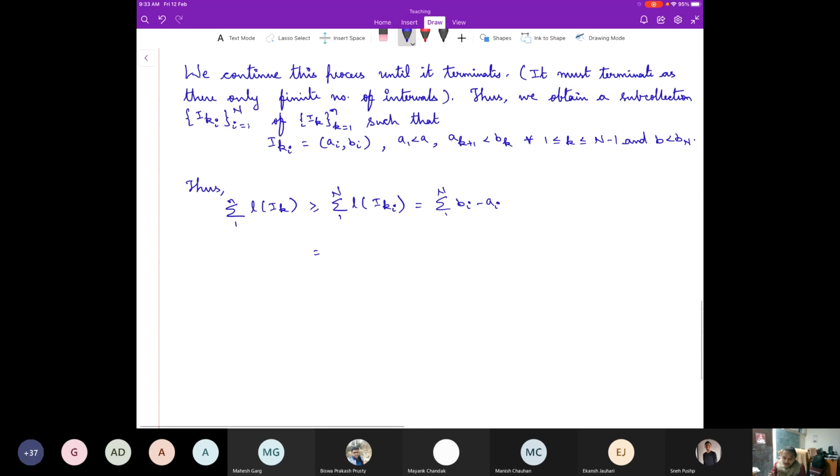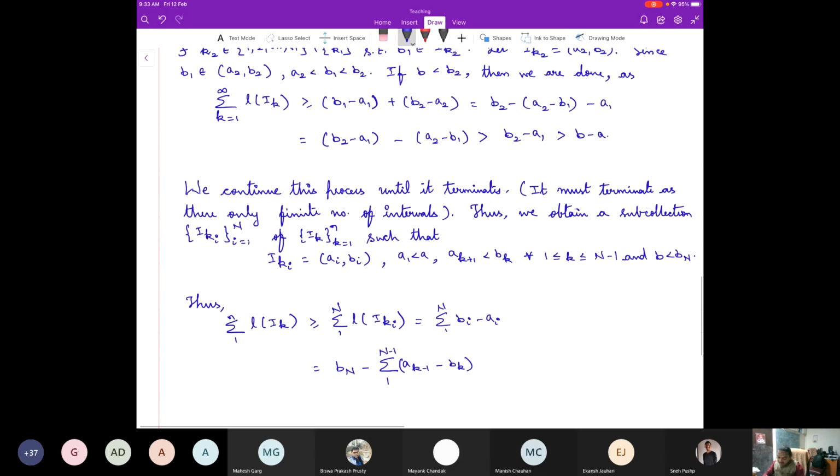Let me start from the last term. I have b_n, and then the remaining, let me write it as minus summation 1 to N minus 1 of (a_{k+1} minus b_k). Whatever we did in the above calculations, we are going to do the same thing. There we had only one term.